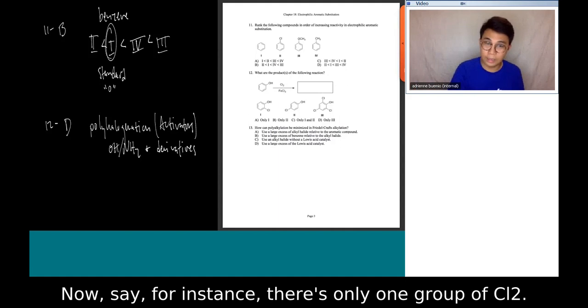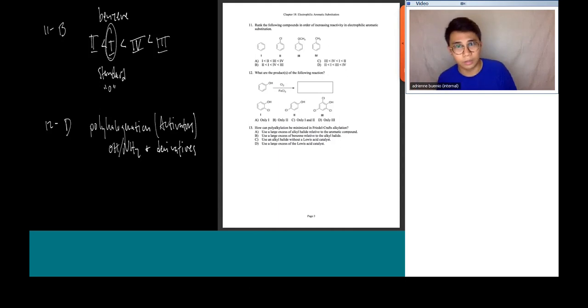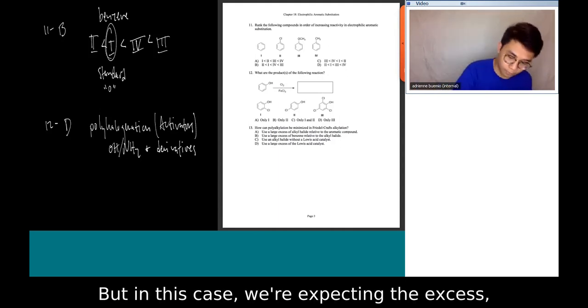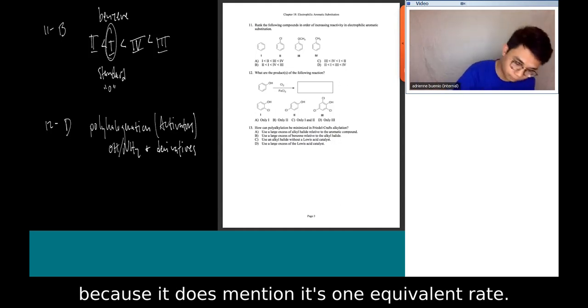Now, if they say, for instance, there's only one equivalent of Cl2, then obviously it's just going to be one Cl added, right? But in this case, we're expecting the excess because they didn't mention it's one equivalent, right?